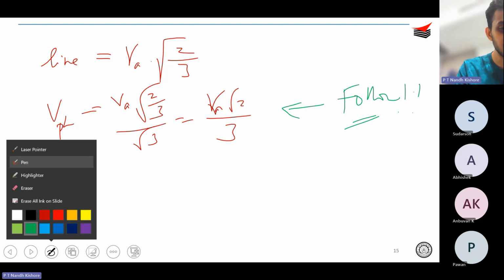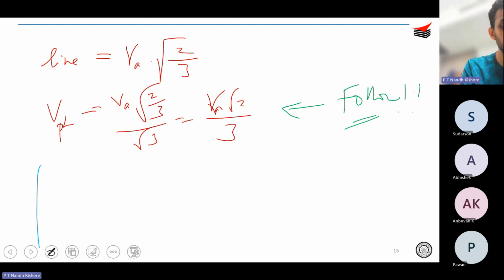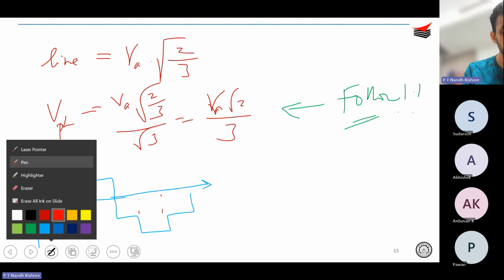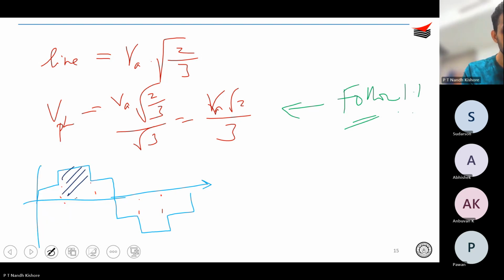The other method is you don't even care about the line voltage and just draw this. The procedure to solve this kind of waveform is that you split the waveform, do this individually, then do this individually, and by the superposition theorem you add it up.